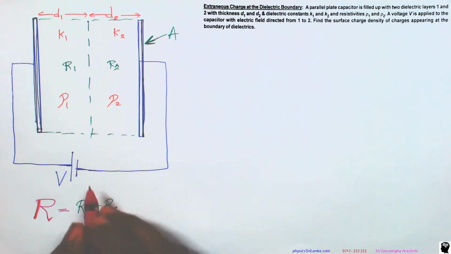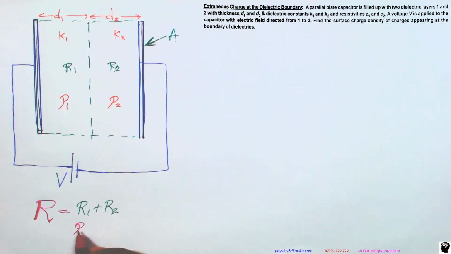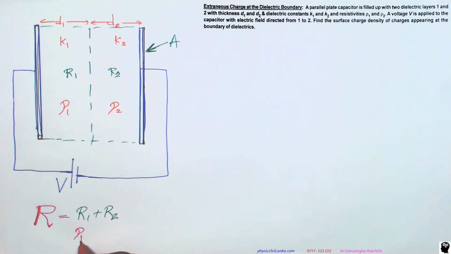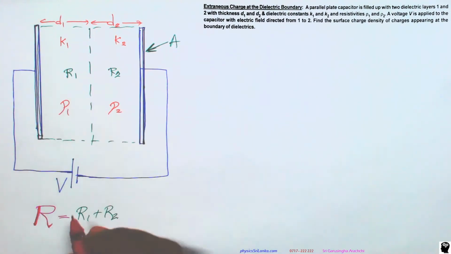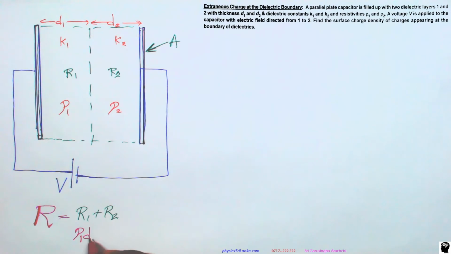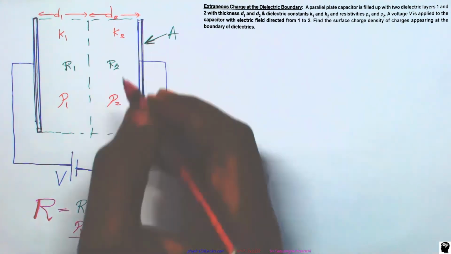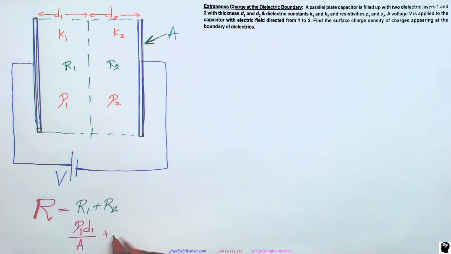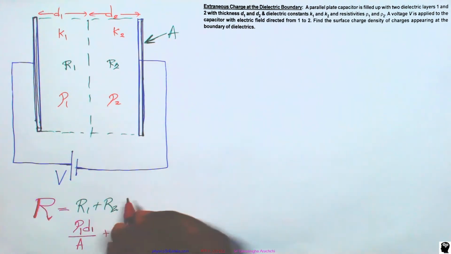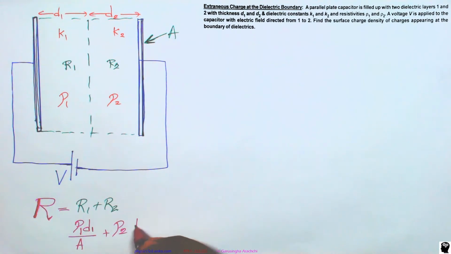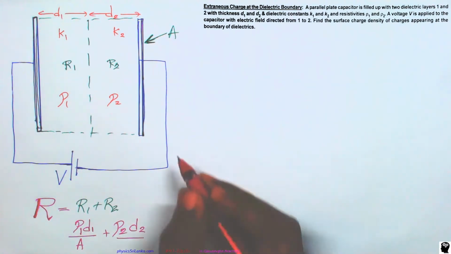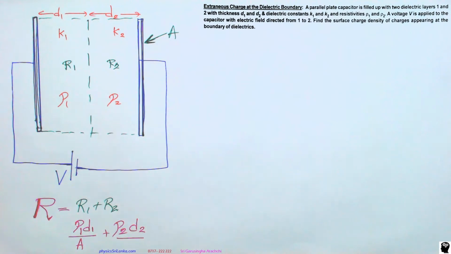Then we can write the resistance R1 equals ρ1 d1 divided by A, where the length is d1, and R2 is ρ2 d2 divided by the plate area A. The total resistance R equals R1 plus R2.